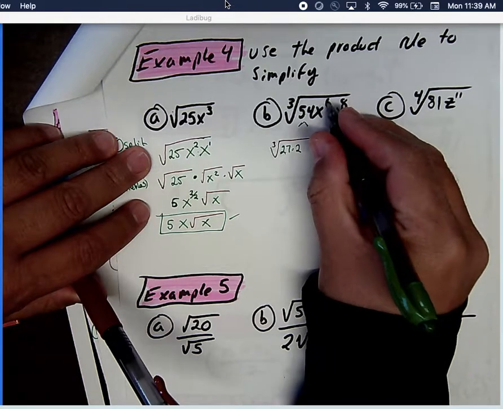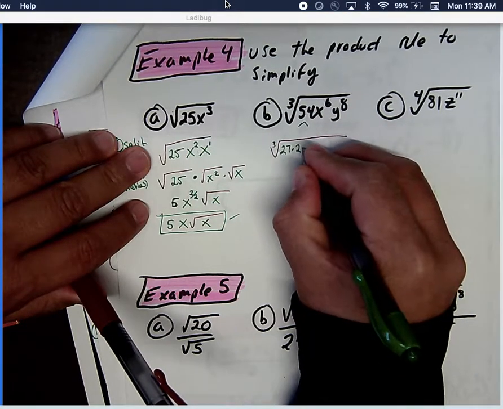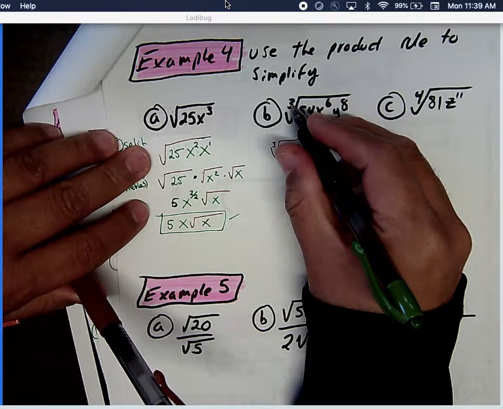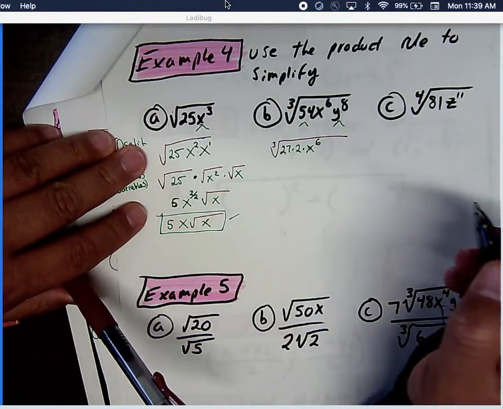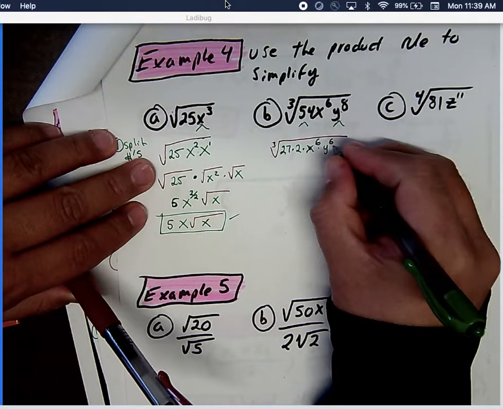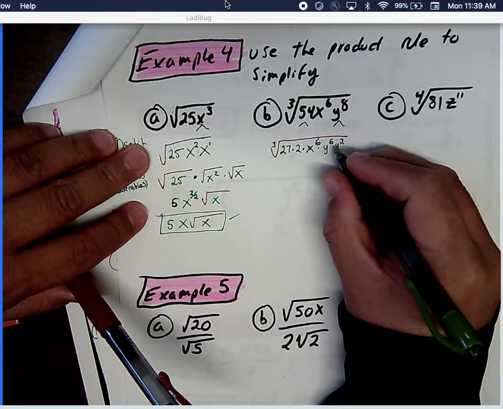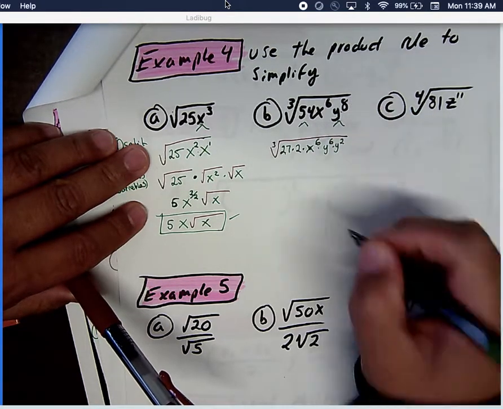X to the 6, since I know 6 can be divided by 3, I'm gonna leave that alone. Y to the 8 cannot be divided by 3, but I can split this one. I'm gonna put y to the 6 times y to the 2. So y6 times y2, 6 plus 2 gives you that 8.